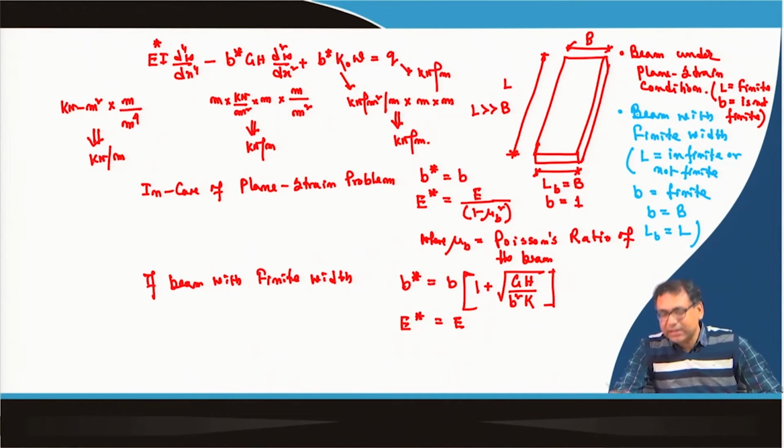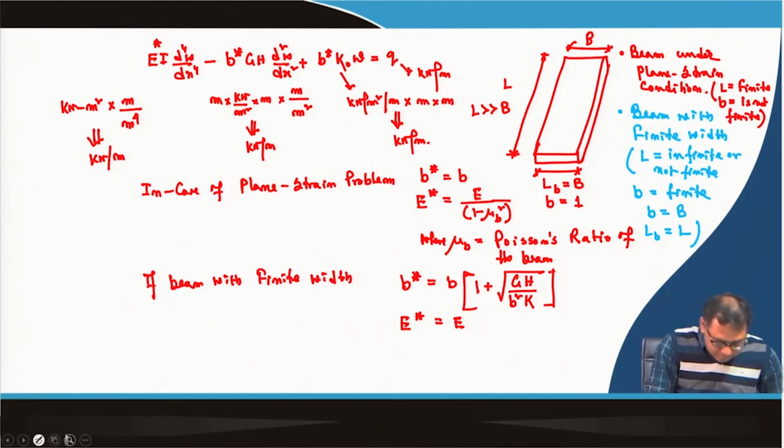So, that means the length is not finite, but your width is finite. In such case, B star will be B 1 plus G H root over B square K, and E star will be equal to E. So, this is for the 2 parameter model.